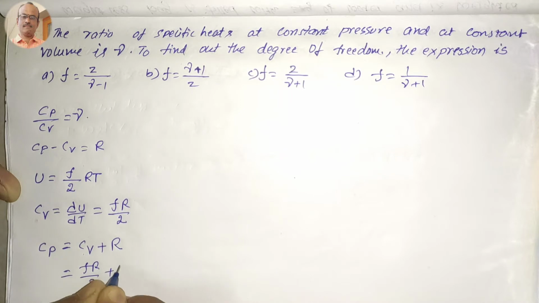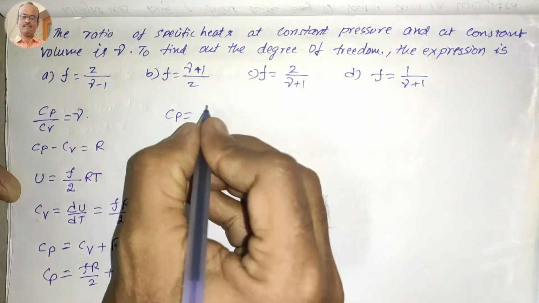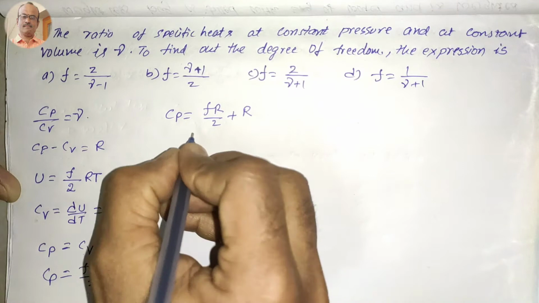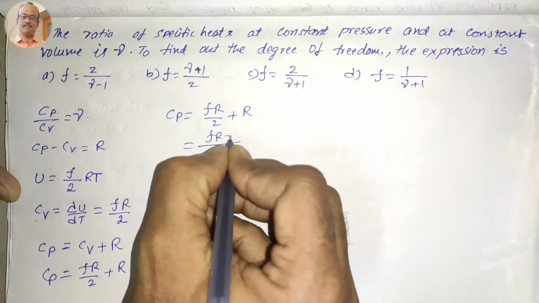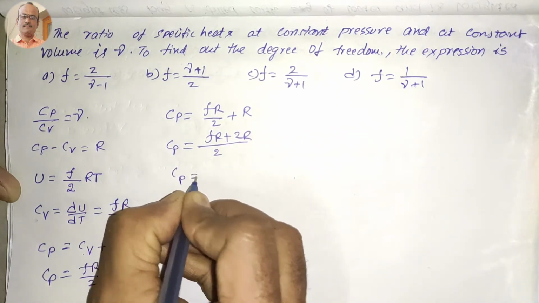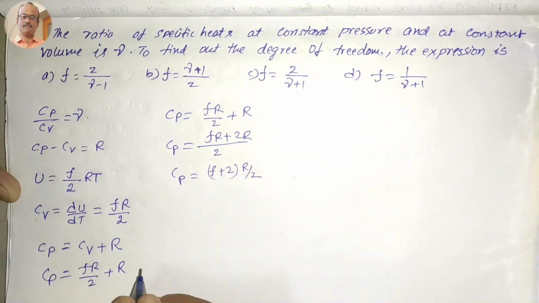Fr by 2 plus R. This is Cp. So Cp is equal to Fr by 2 plus R, taking LCM 2, Fr plus 2R, and finally we write F plus 2 into R by 2.